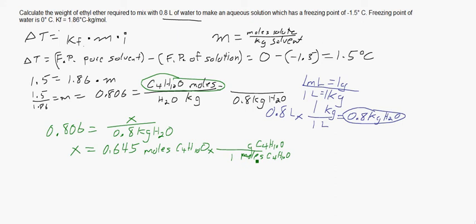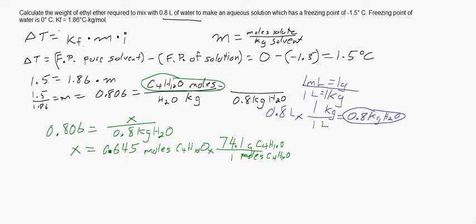Now, for every 1 mole, you have a certain amount of grams, and that's just the mass of 4 carbons plus the mass of 10 hydrogens plus the mass of 1 oxygen. If you look at the periodic table, oxygen is 16, hydrogen is 1.01, carbon's 12. So 12 times 4 plus 1.01 times 10 plus 16 gives you 74.1.